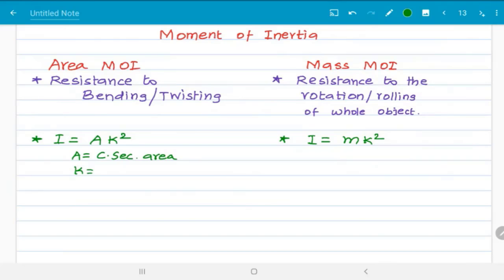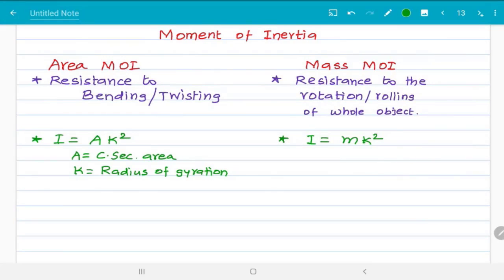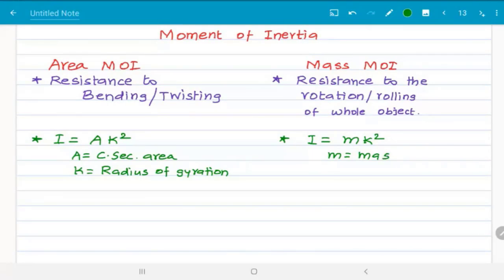K is radius of gyration. We will discuss the radius of gyration in detail in the I section, C section, torsion, in strength of materials, not now, right? And M is mass.